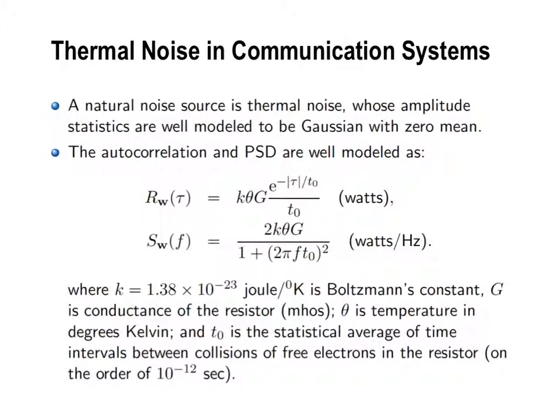So the autocorrelation function is going to be the average power multiplied by an exponential of modulus tau divided by T naught, where T naught is a physical quantity, the statistical average of time intervals between collisions of electrons inside that conductor or resistor or semiconductor. Typically, you can just take it as 10 to the minus 12. So simply, T naught is a constant equal to 10 to the minus 12.